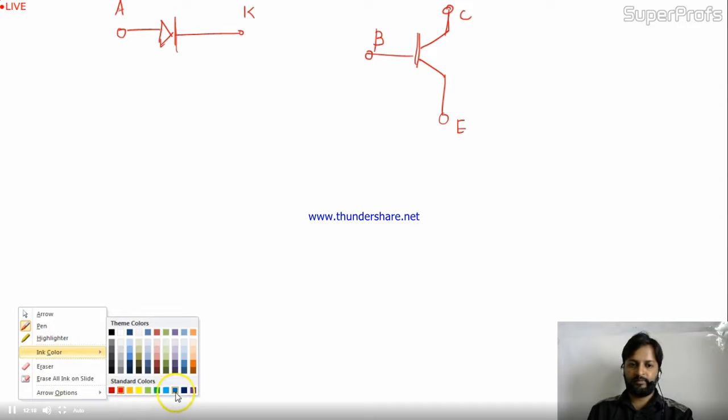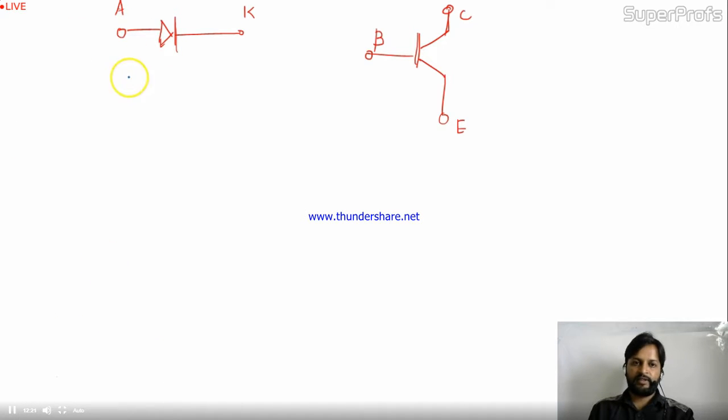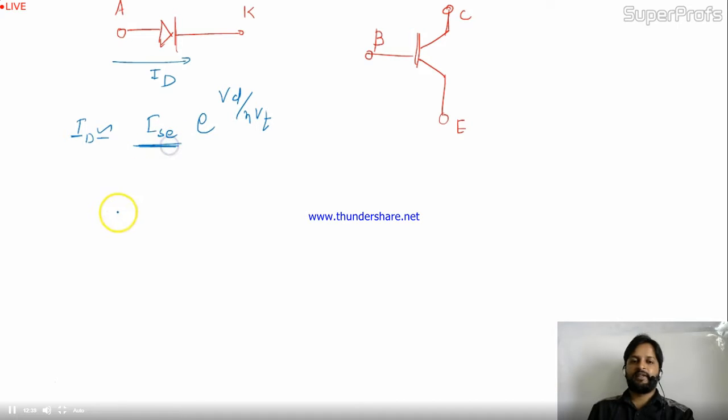For the diode, if the current is ID, then ID is nearly equal to IS into e to the power Vd by eta Vt, where IS is the reverse saturation current in the diode.